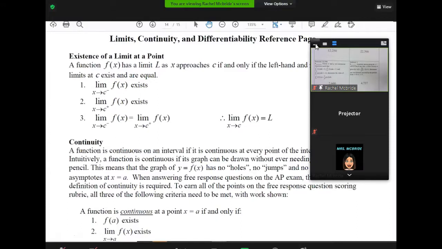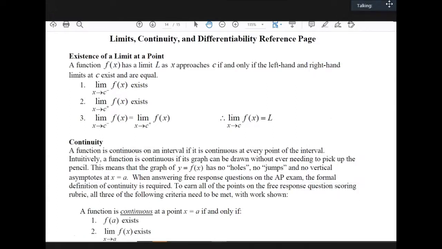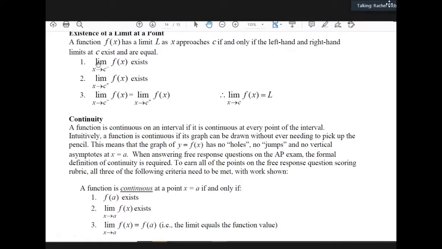The limit of a problem is going to give you an idea of whether or not it is continuous. So there is the existence of a limit at a point. This is essentially the definition of continuity. So in order for a function to be continuous, the limit has to exist. So this right here is this part of the continuity definition.